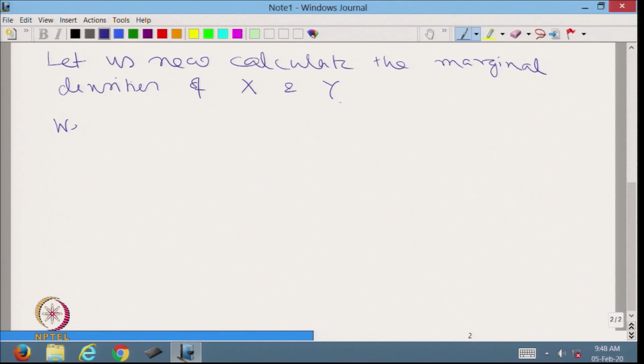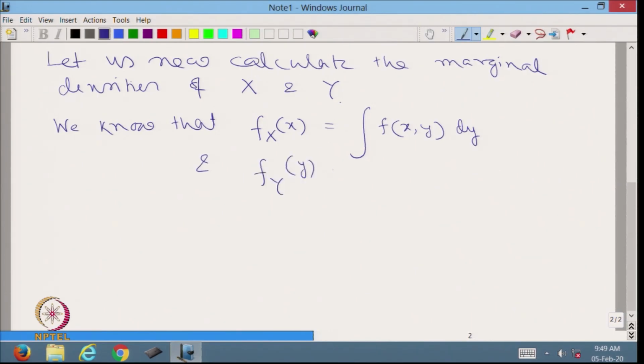We know that f of x is equal to integration of f x y dy and f of y is equal to integration of f x y dx. Question is, what will be the limit of integration?